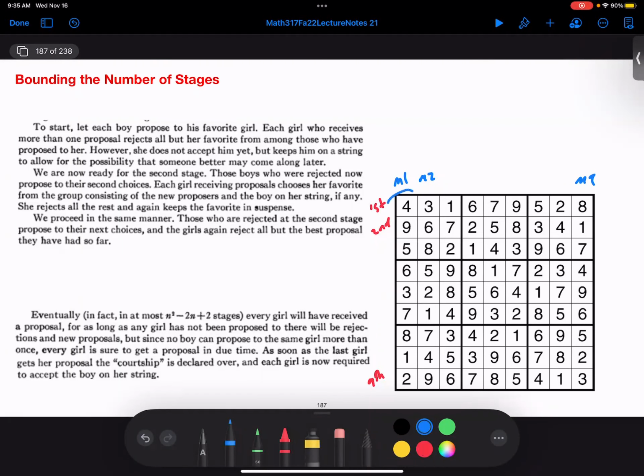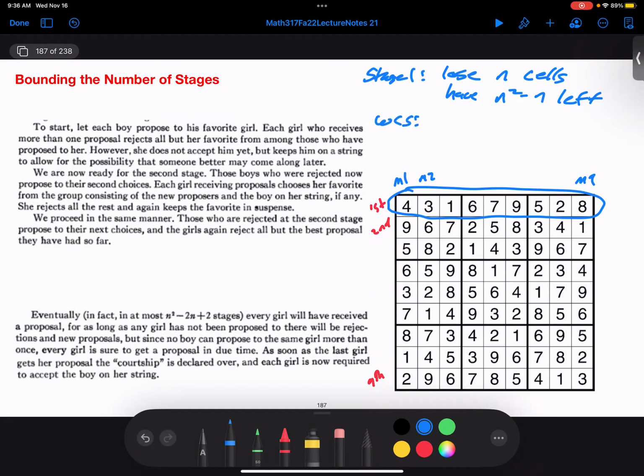So in the first stage, we know we knocked out n. Let's see if it allows me to draw this. Oh, good. I learned I have to save the image in the background if I want to draw over it on the iPad. So in stage 1, we lose n cells. How many are left? We have n squared minus n left.